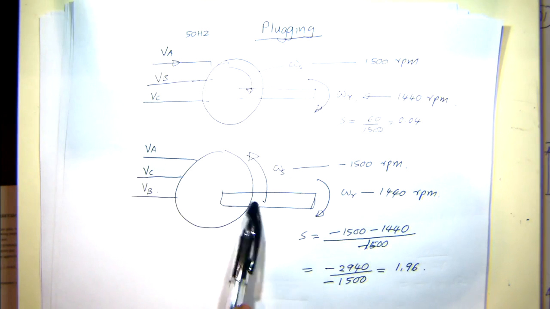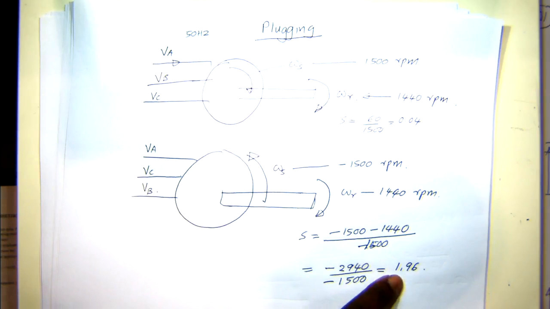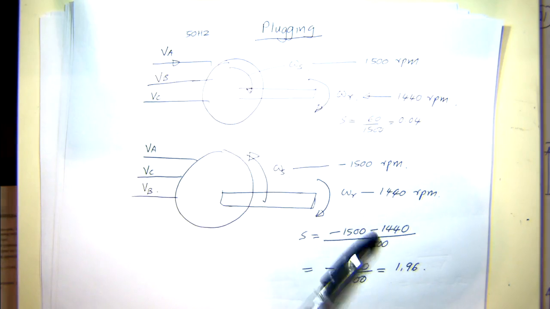That means the synchronous speed will be negative. At the instant of plugging, you'll have a really high slip value. So the shaft is spinning clockwise, the field is spinning in the opposite direction. So that's this calculation here.